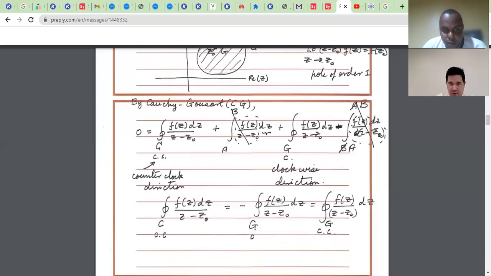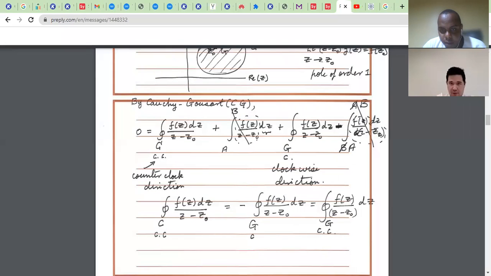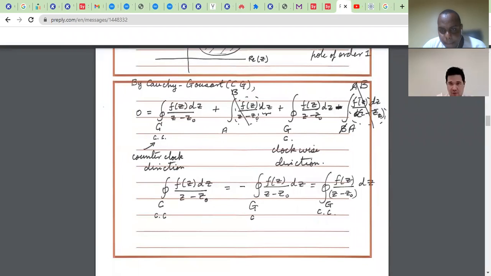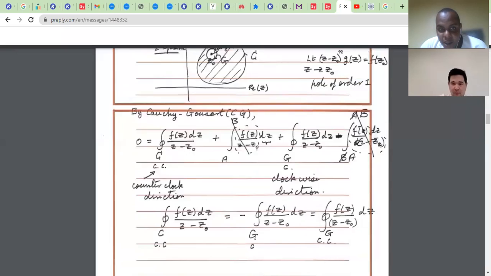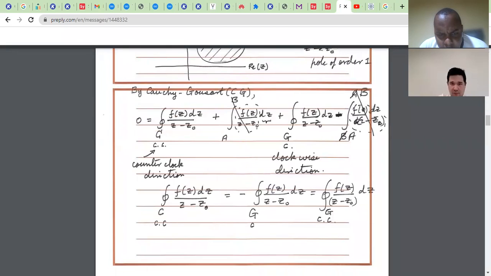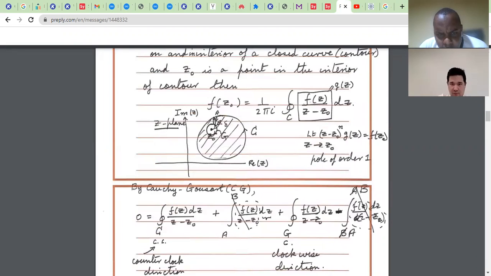So the integral along the small contour equals minus the integral along G. If you integrate along the smaller curve, it's going to be negative the integral along the G curve.